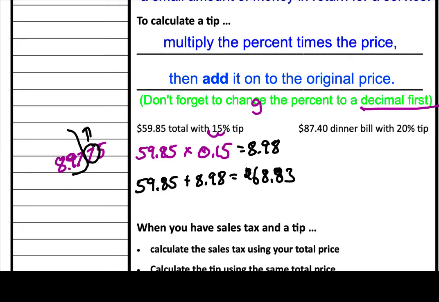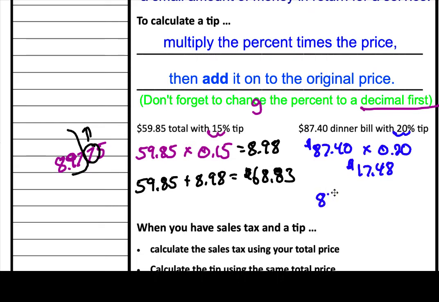So again, 20%, change it to a decimal, so it becomes 0.20 times my total for my bill. This time I was at a restaurant. So 87.40 times 0.20 is $17.48. This time I didn't need to round it. Okay.